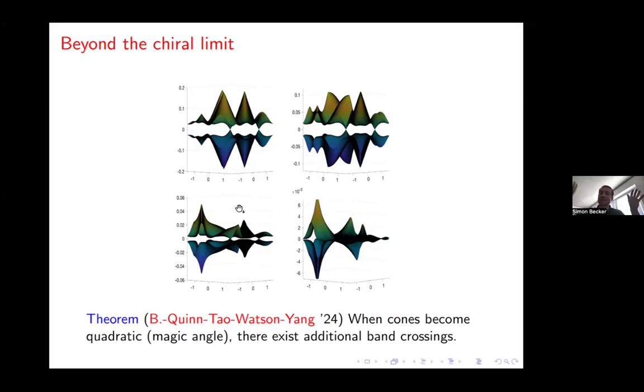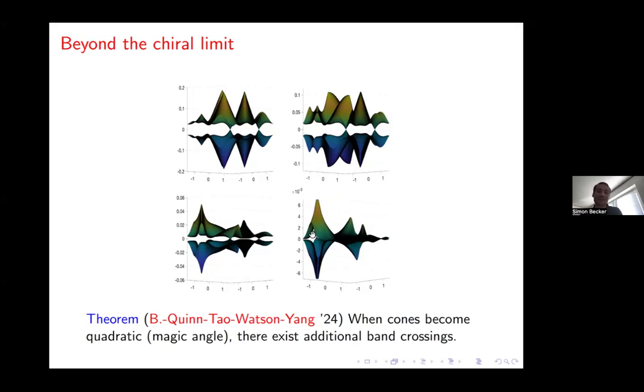So remember this Carroll limit, we had these two Dirac points all the time, and then the band became flat. So here in this full Bistritzer-MacDonald Hamiltonian, as we get these quadratic dispersion relations, we'll have to have more band crossings because of topological considerations.